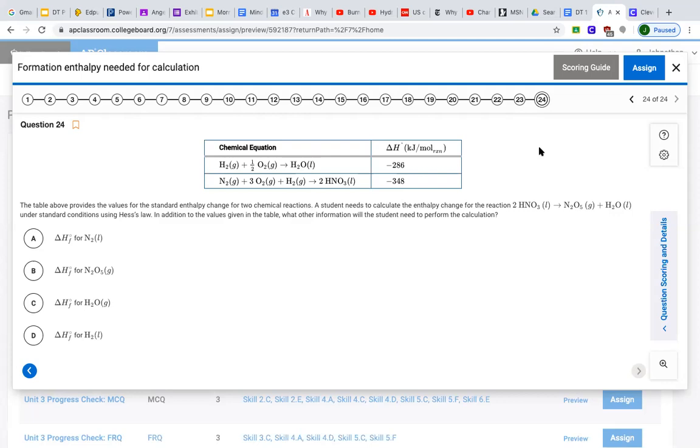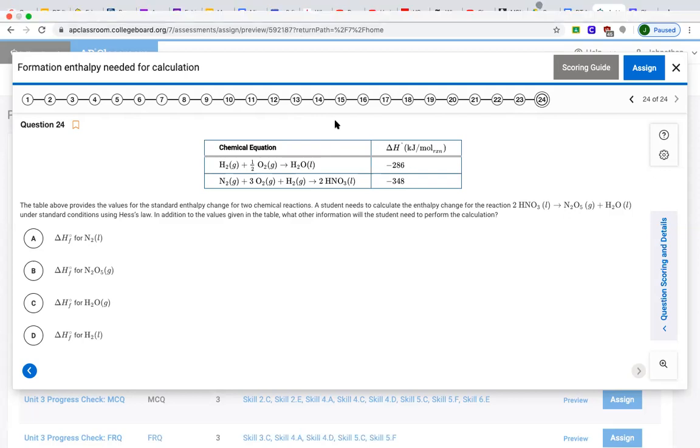In addition to the values given in the table, what other information will the student need to perform the calculation? Go ahead and give this a shot. Let's take 2 minutes. Hey Siri, set timer for 2 minutes.